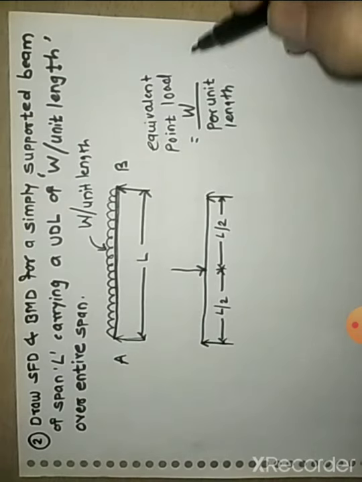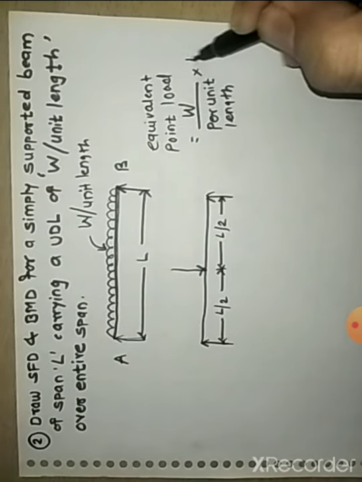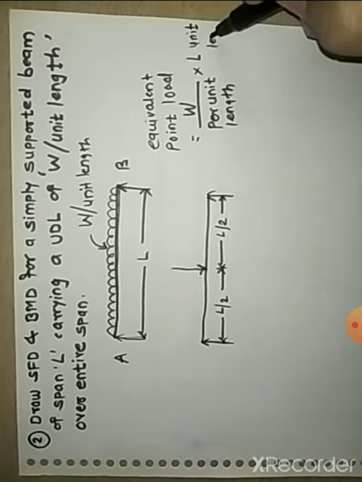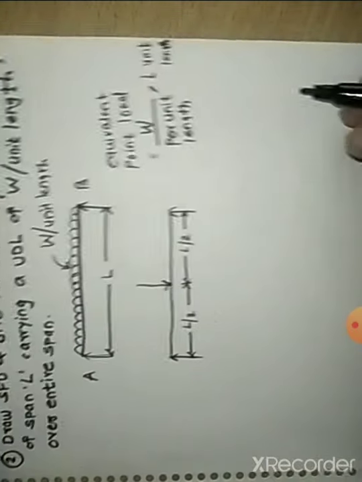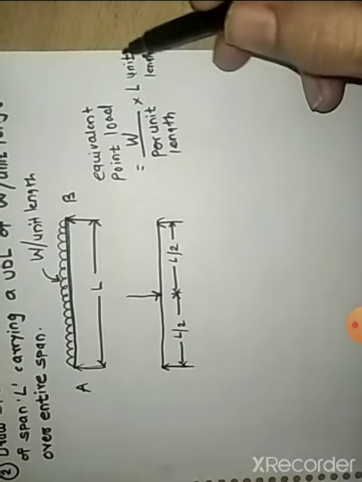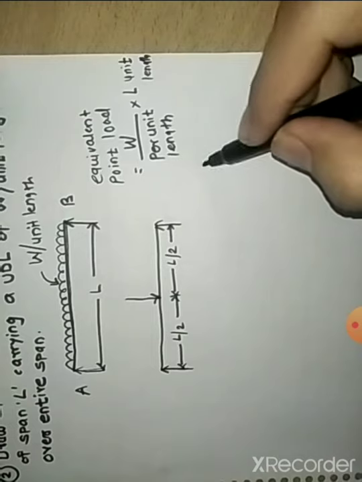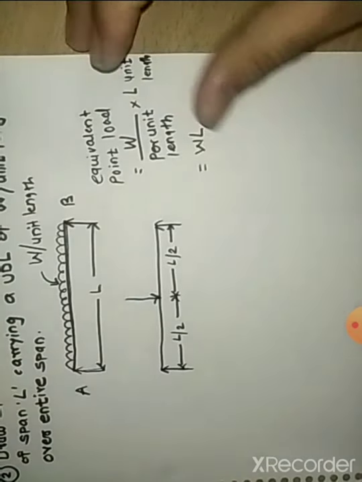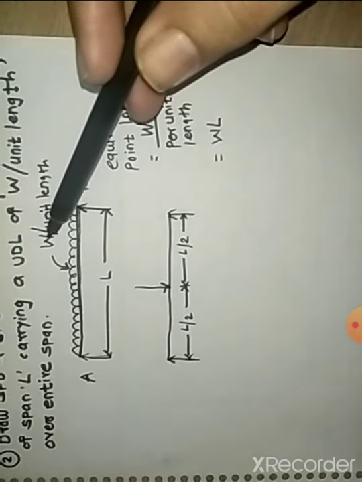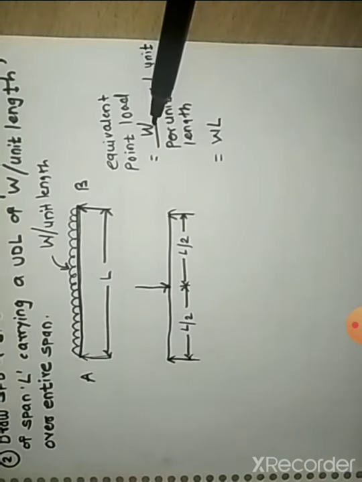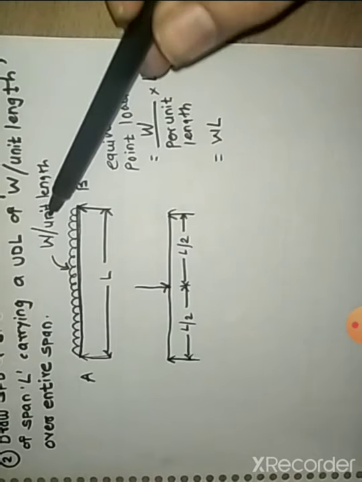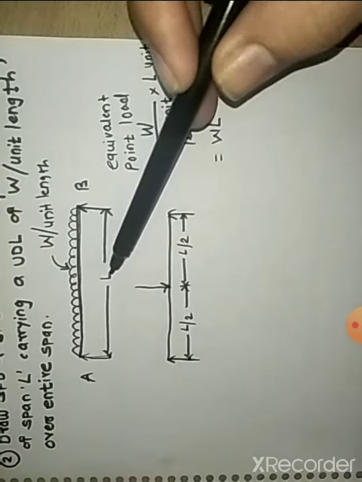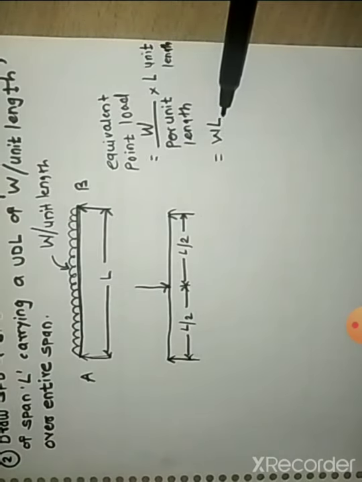For 1 unit there is a W, and for L unit length, the unit length will cancel, so it will be WL, right? आपण इथे जर कुठला नंबर दिलेला असता तर आपण अशाच प्रकारे मल्टिप्लाय केला असतं. एका मीटरसाठी 10 तर 5 मीटरसाठी किती? तर 10 into 5, right?